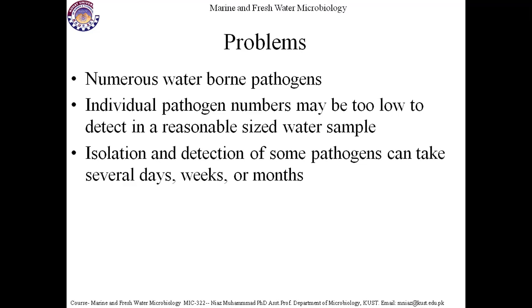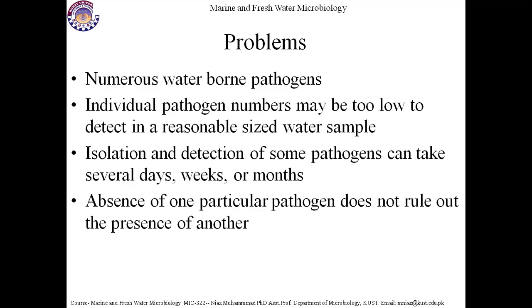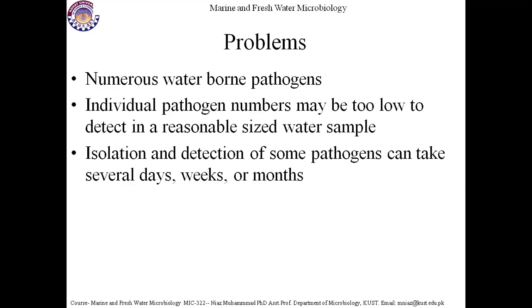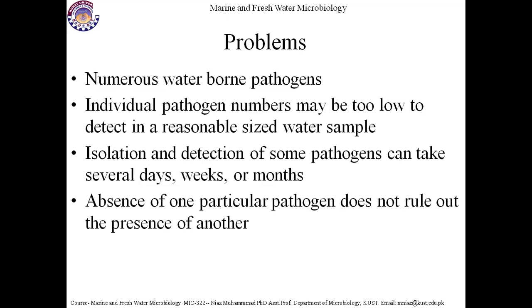So again it is a big problem. For one sample, we cannot do all these things. And maybe some laboratories, institutions, or organizations have no facilities for detection of all these pathogenic microorganisms. And another thing, cost is also increasing.